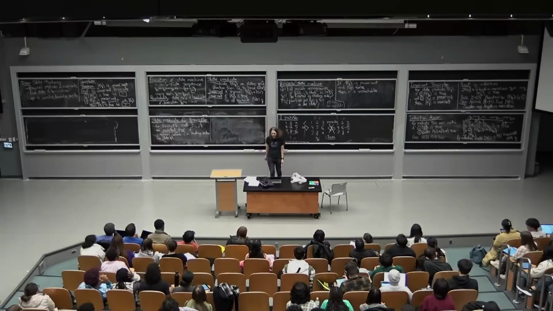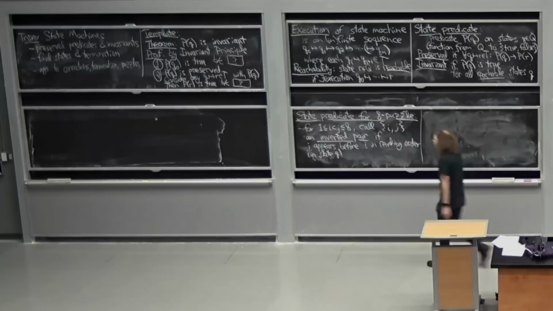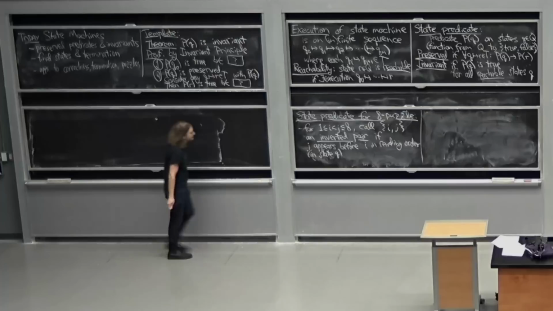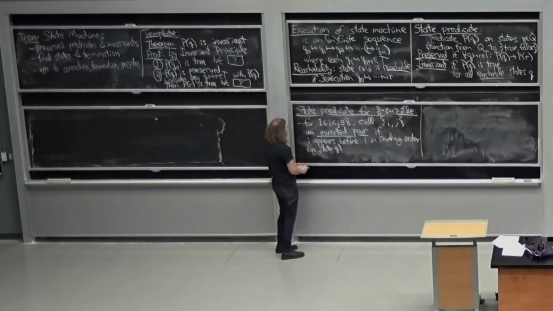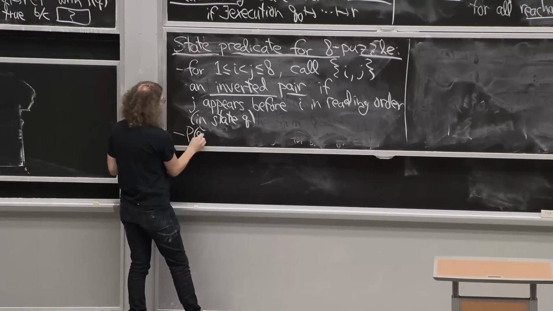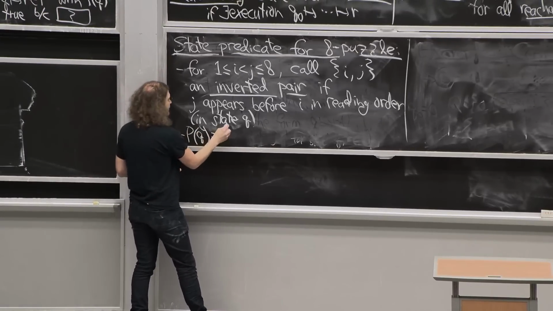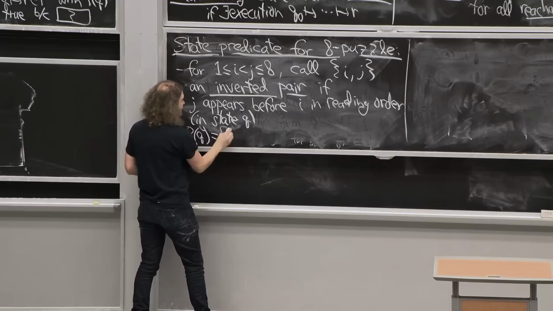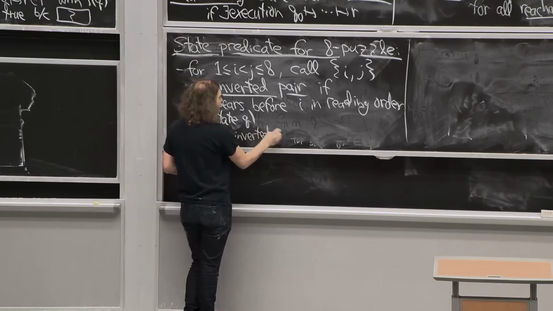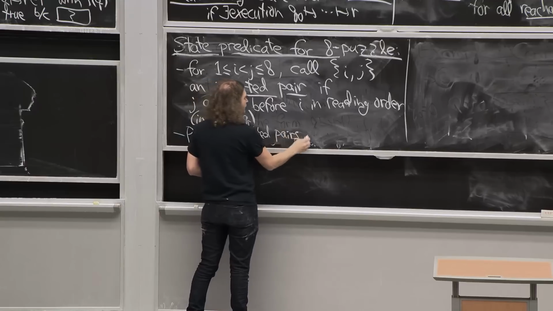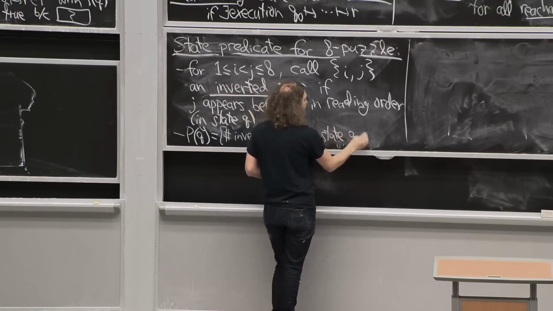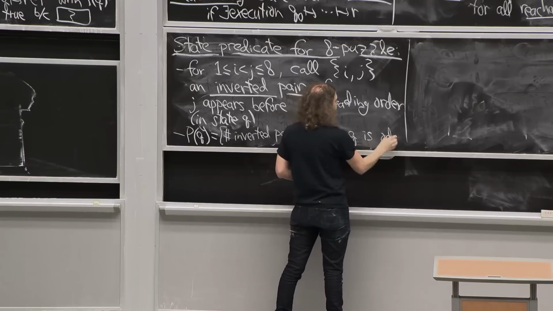Parity, it turns out. Parity means odd or even. So P of Q is going to be that the number of inverted pairs in state Q is odd, turns out to be.